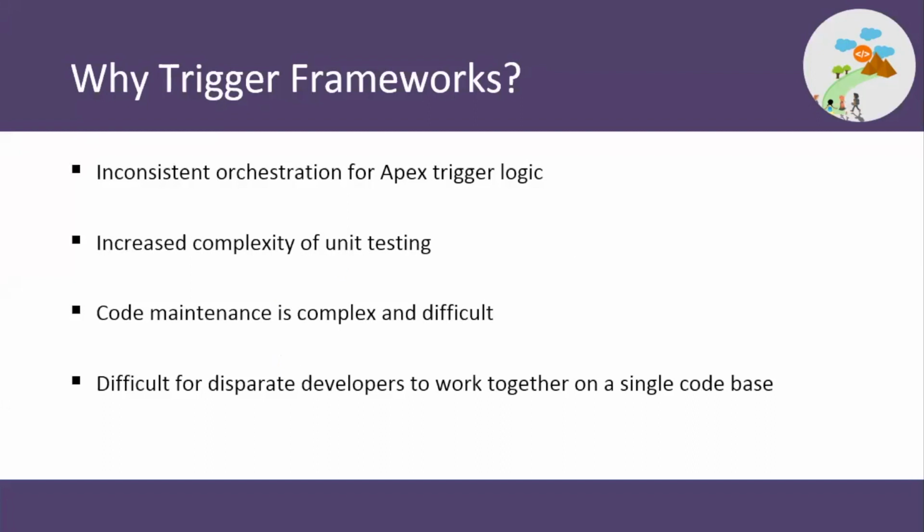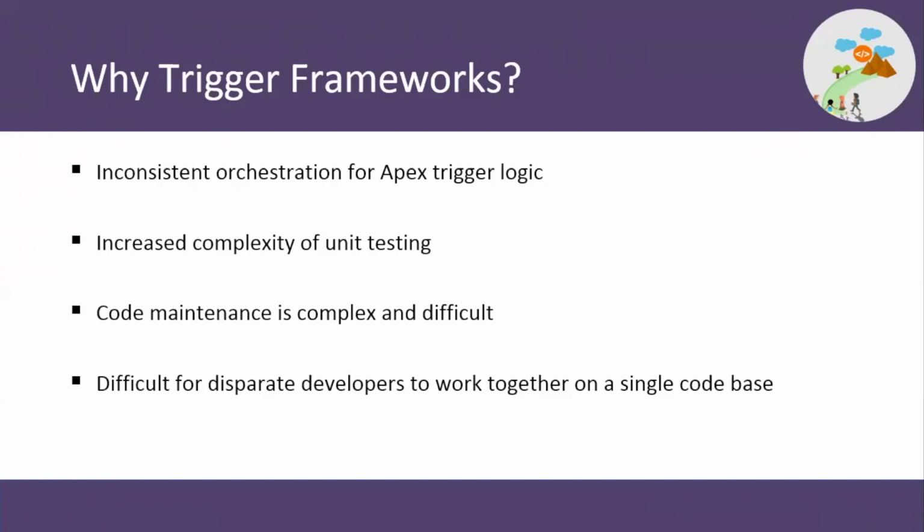This leads to a lot of complexity and difficulty in maintaining the code, right? So at a given point of time, you want to go and modify the code. It's very difficult to do that, and it's very complex. Troubleshooting becomes difficult because there is no consistent way of executing a trigger. Testing your code becomes very difficult, especially when you start writing your business logic within your trigger code.